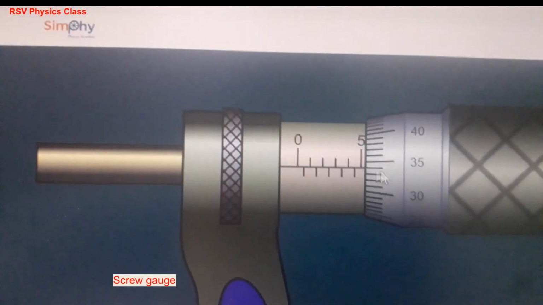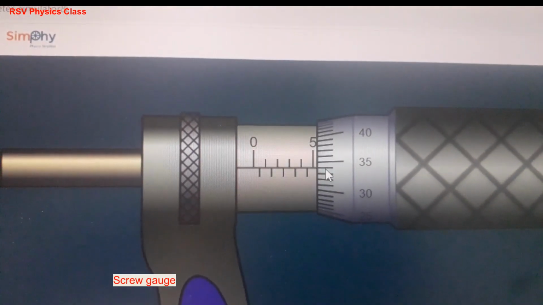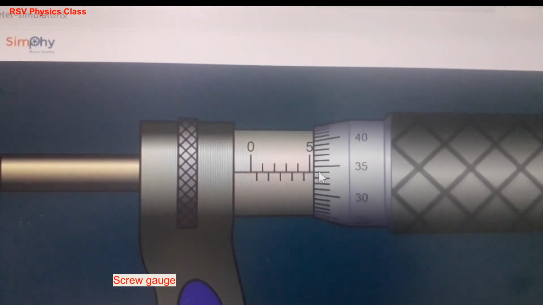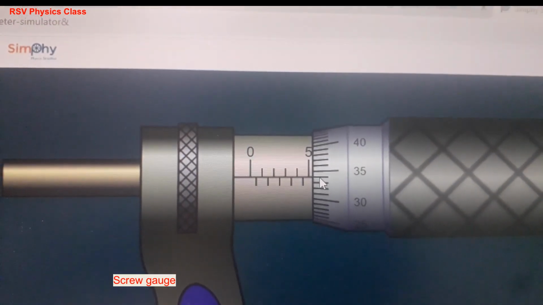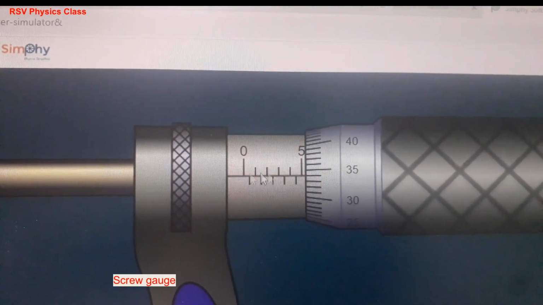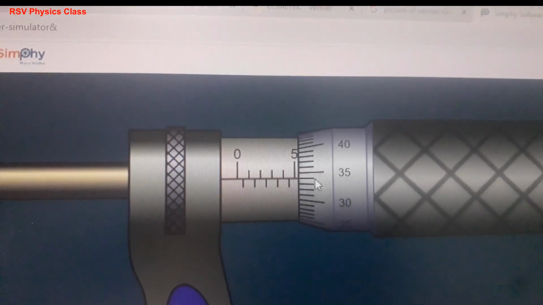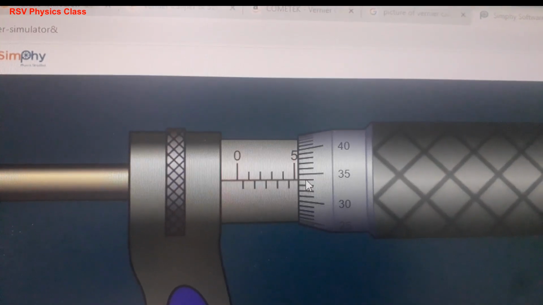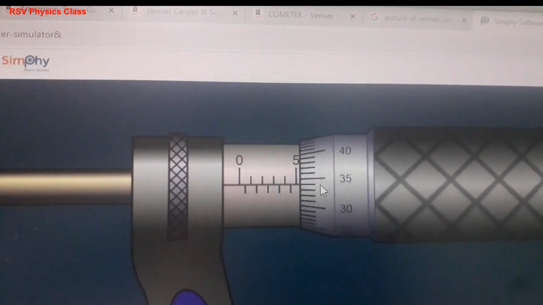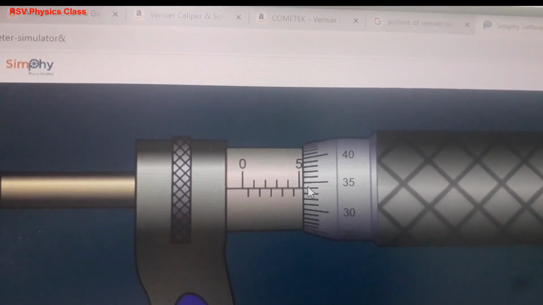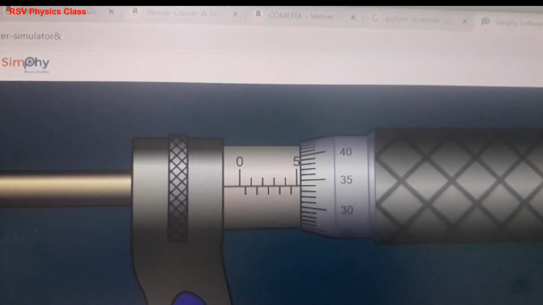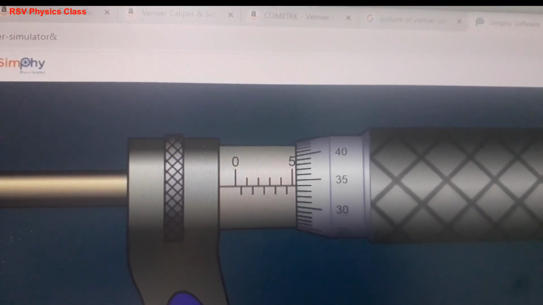So here 34 on the circular scale is matching with the main scale axis. So this is 5 plus 34 into 0.01, so 5.34 mm. This is your reading of this object.